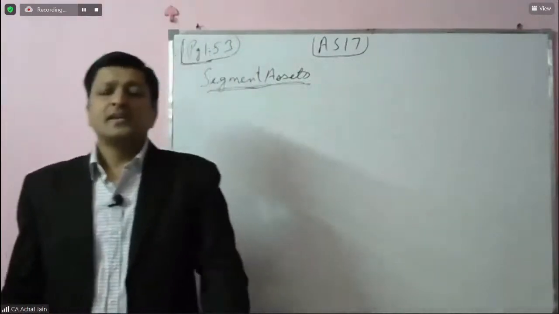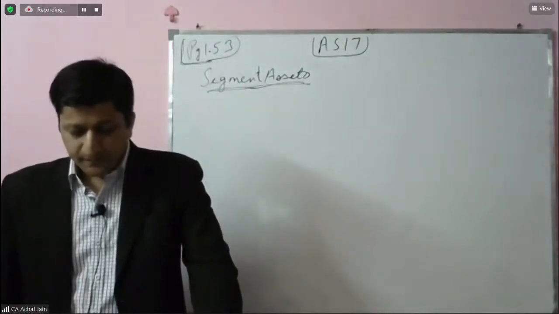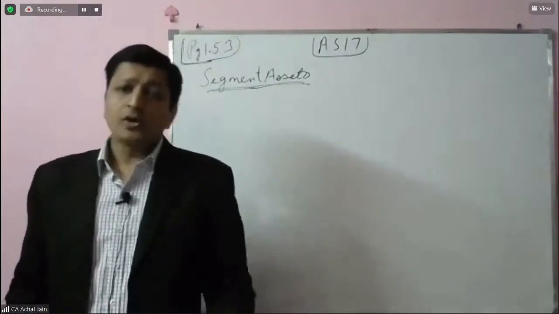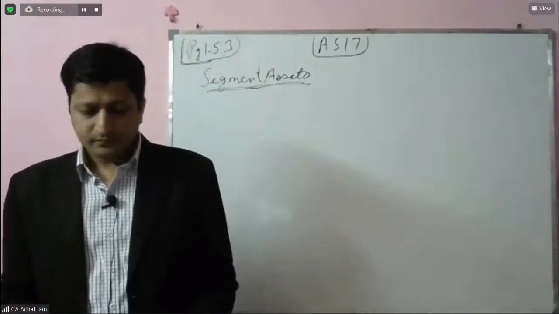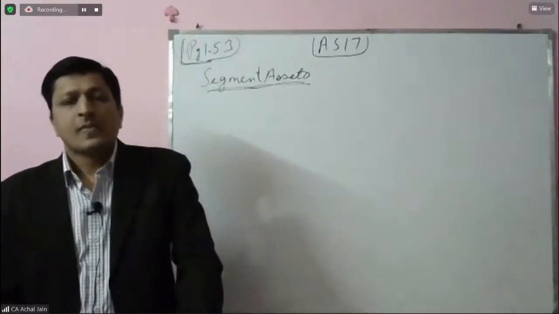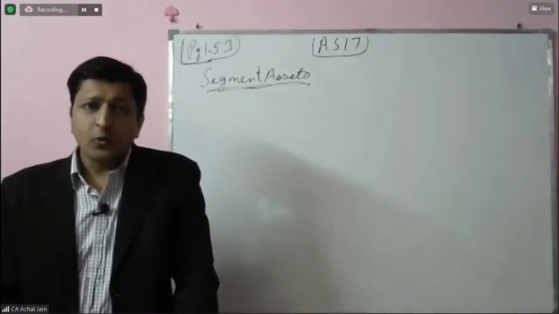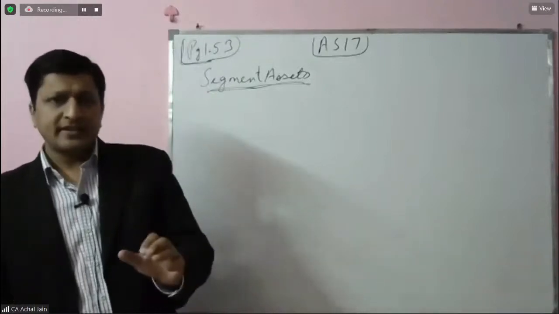Moving further on to the treatment of interest for determining segment expense. So let's see, how do you treat this interest expense, which may be related to the overdrafts or the other operating liabilities? Interest expense relating to overdrafts, other operating liabilities, if any. Okay.